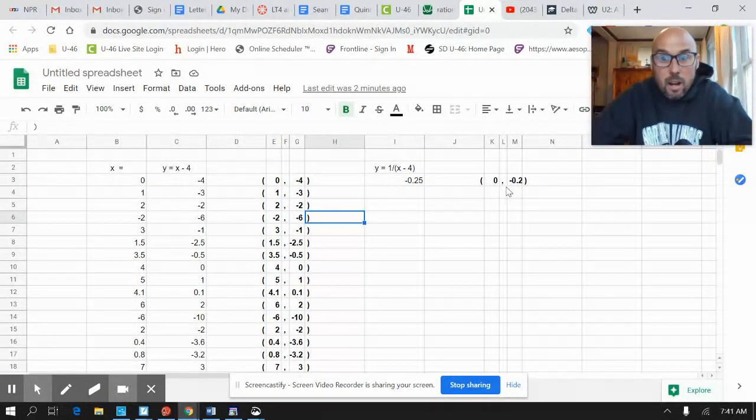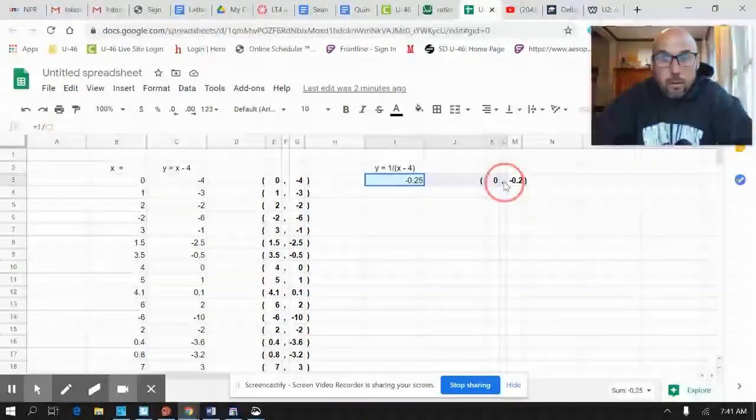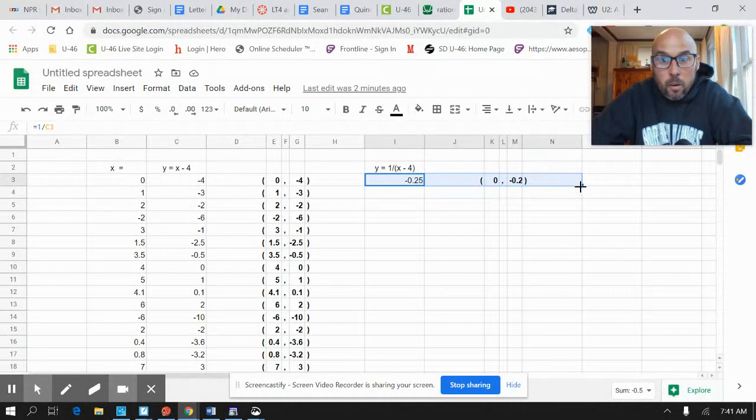So 0, comma, negative 0.25 is on this graph, the rational graph. Another one, when y is negative 3, well, 1 divided by negative 3 is negative 0.3 repeating. So there's another ordered pair. And 1 divided by the y value of negative 2 is negative a half. So here's another ordered pair, 2 comma negative a half.